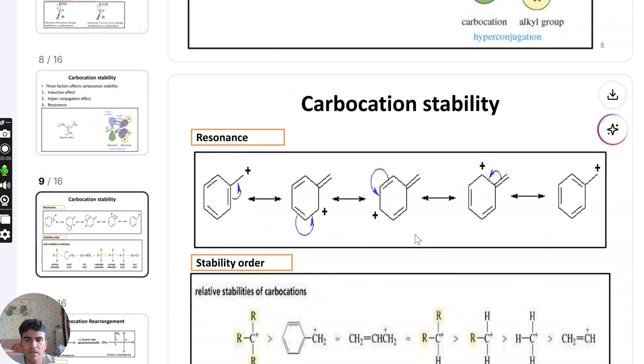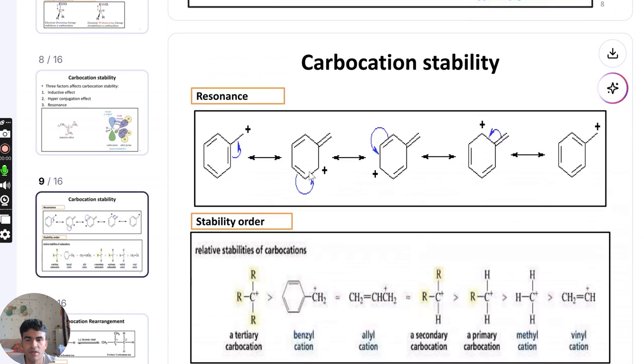Also, resonance can give stability to the carbocation because the positive charge in the p orbital can be delocalized into the benzene ring through resonance.